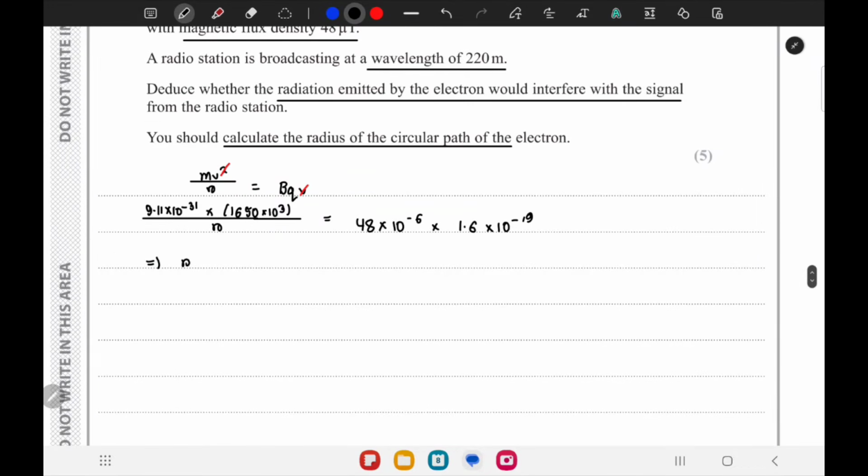From this we can calculate the radius. The radius would be 0.196 meters.